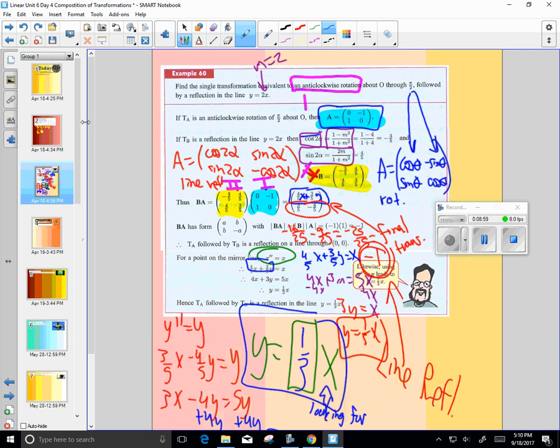I can find cosine 2 theta and sine 2 theta using these formulas that we're going to use a lot with this type of reflection transformation. And then once I get those values, that creates my second transformation matrix, the B. And with the B, that is the second thing we do, so it's the first matrix we multiply by. It has to be reverse order for matrices. B times A, and that'll get you your final transformation.